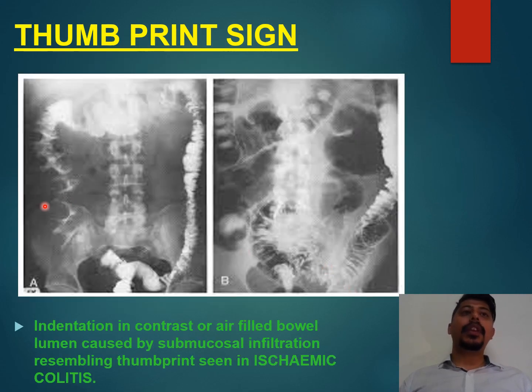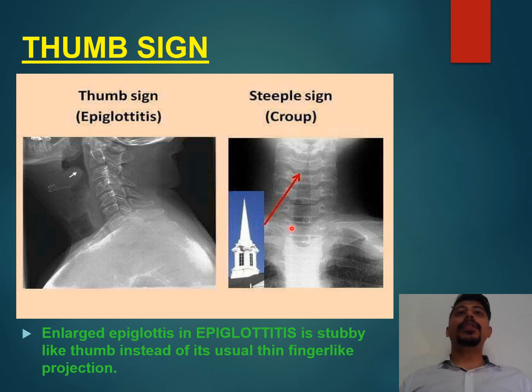Thumb print sign. So we can appreciate thumb-like appearances here, thumb printing. Indentation in contrast or air filled bowel lumens caused by submucosal infiltration, seen in ischemic colitis. So thumb printing in ischemic colitis. Thumb sign. So we can appreciate the epiglottis here, and a soft tissue lesion can be seen in the epiglottis region, giving the appearance of a thumb, suggestive of epiglottitis on the lateral neck X-ray.